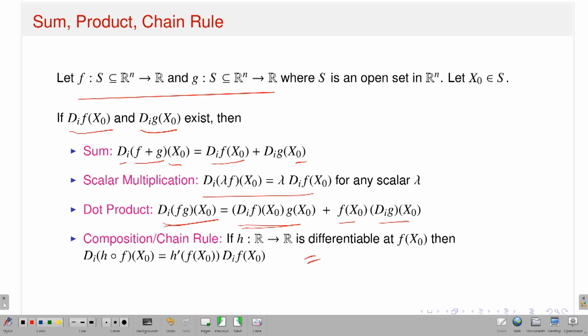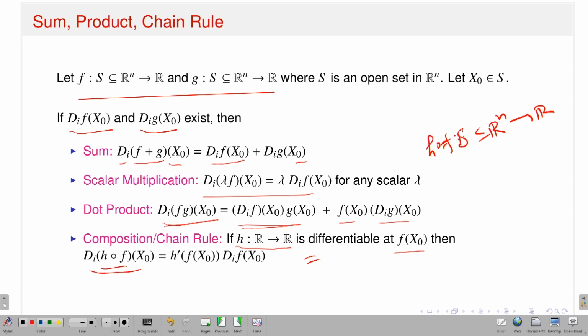And the last one is the chain or composition rule. That means, if I have a real valued function h of a real variable, suppose it is differentiable at the point f of x naught, then if h composed with f makes sense, I can talk about the existence of the partial derivatives, because h composed with f is again a function from S, a subset of Rn, to R. So, I can talk about the partial derivatives of h composed f with respect to the xi variable, and this is called the composition or chain rule.